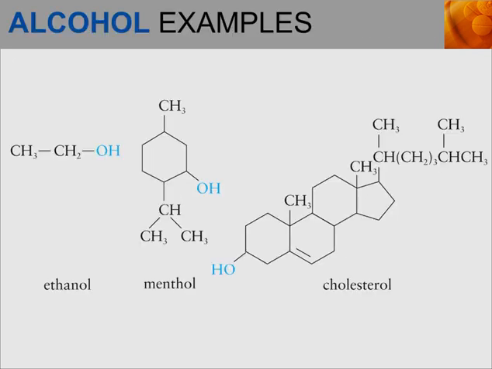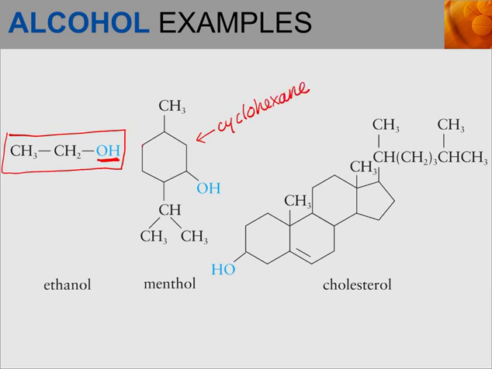And here are the structures for those different molecules we just talked about. So ethanol is a really simple molecule. It has 2 carbons, 6 hydrogens, and 1 oxygen. And again, note the OH group on the very end there. Menthol is a bit more complex. It has a cyclohexane ring.